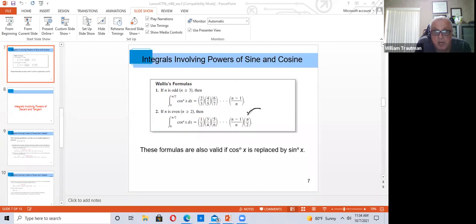There's an extra pi over 2 at the end of it. So I wanted to mention that also. When n is even for cosine, we start 1, 2, 3, 4 and stop at some point, but then you still multiply by a pi over 2 at the end. I don't think I stressed that when we looked at this originally, so I want to stress that now.